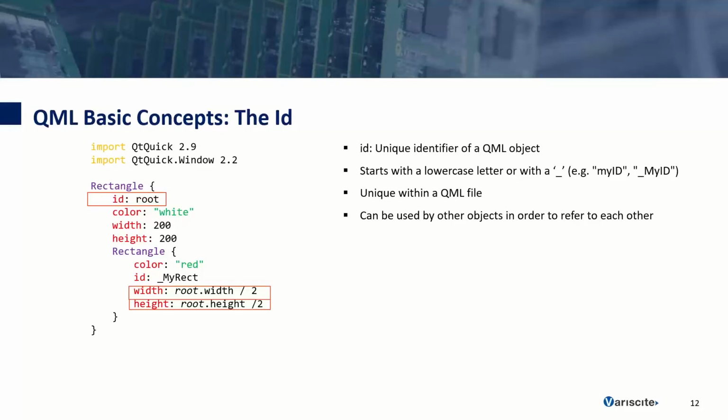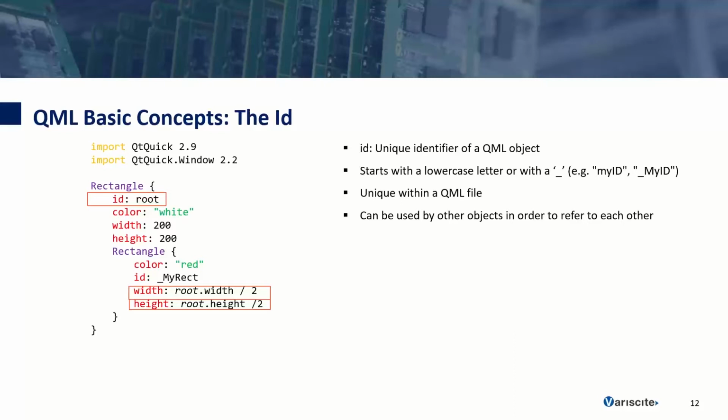But beyond this, you can assign your own preferred name to the ID, as long as you are compliant with two main rules. You cannot start with a capital letter. You may start with a lowercase letter, or alternatively, you can start with the underscore.